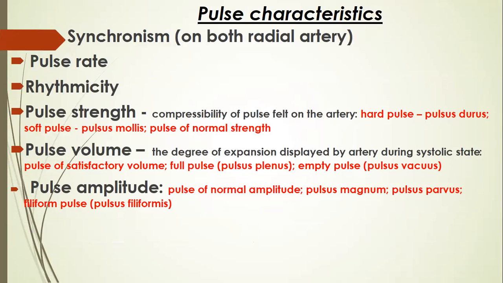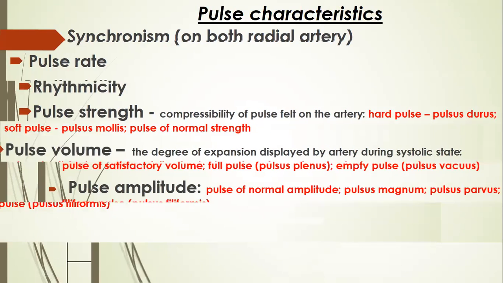The next parameter which we determine by palpation is the pulse. It can be synchronous on both radial arteries. Then we determine the pulse rate, rhythmicity, pulse strength, pulse volume, and pulse amplitude.